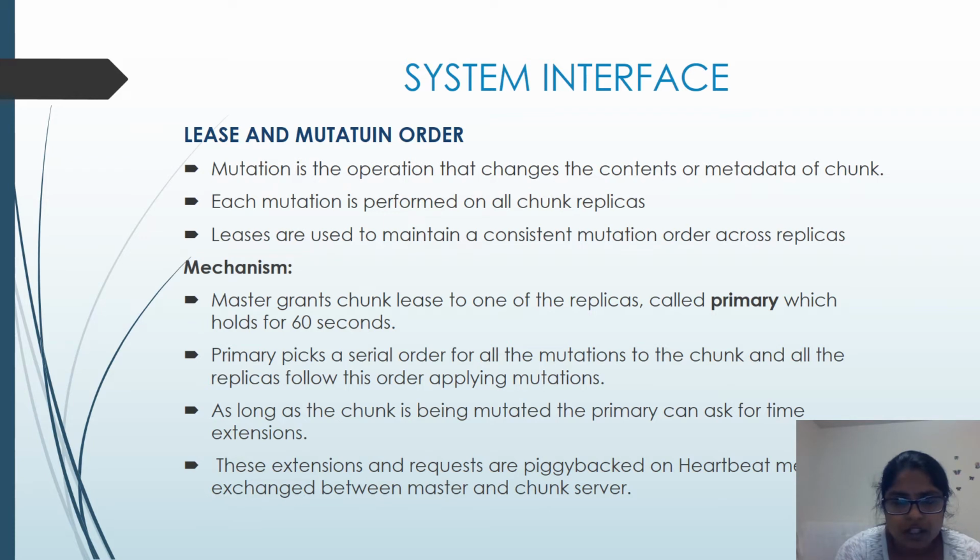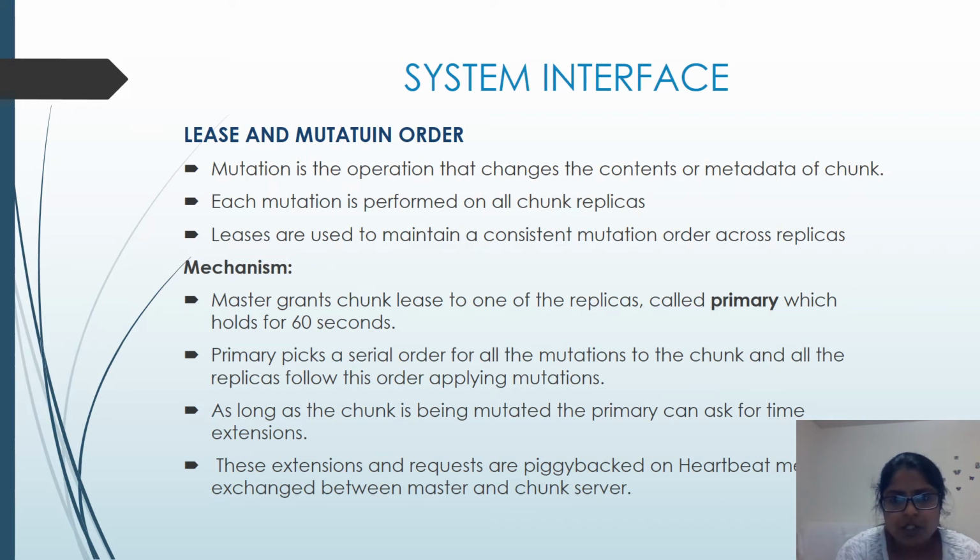The mechanism is as follows. The master grants a chunk lease to one of the replicas, called the primary, which holds for only 60 seconds. The primary picks a serial order for all the mutations and tells all the replicas to follow that order. Whatever order the primary picks, the replicas should follow the same order.